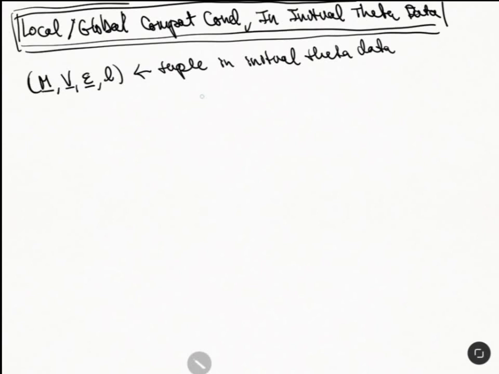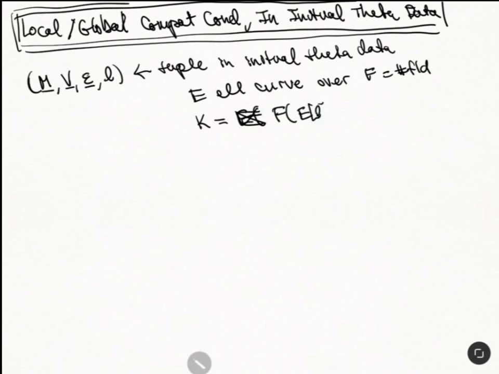So again, we're going to fix an elliptic curve E over a number field F, and then what we did is we defined K. This is going to be F adjoined the L torsion of the elliptic curve.